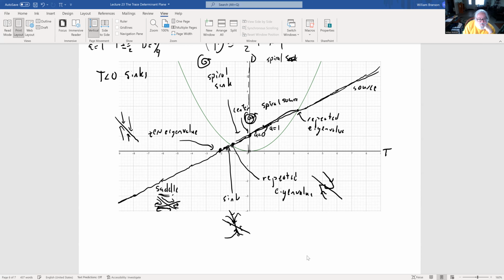It's a saddle down here, but then you have a 0 eigenvalue with everything going in, a sink here, repeated eigenvalue with everything going in, in a spiral sink. And then you have a center here. This is a spiral source. Now everything is spiraling out. This is a repeated eigenvalue, but t is positive out here. So everything is going out like that.